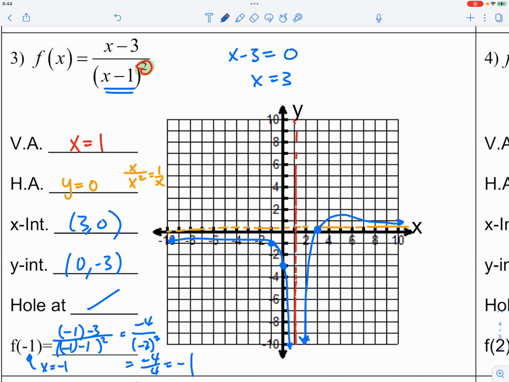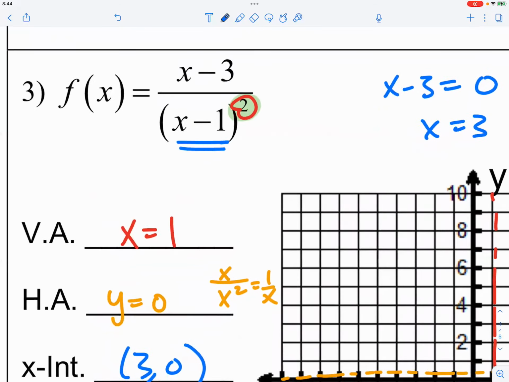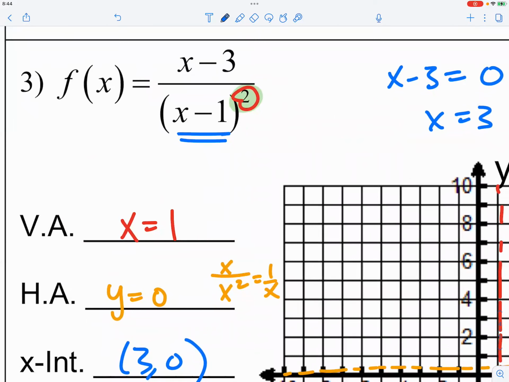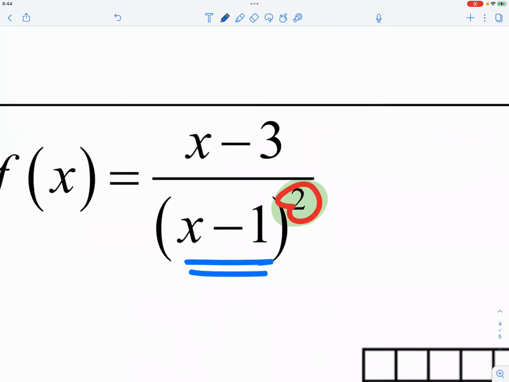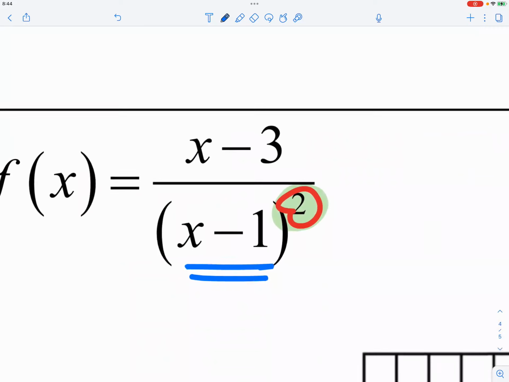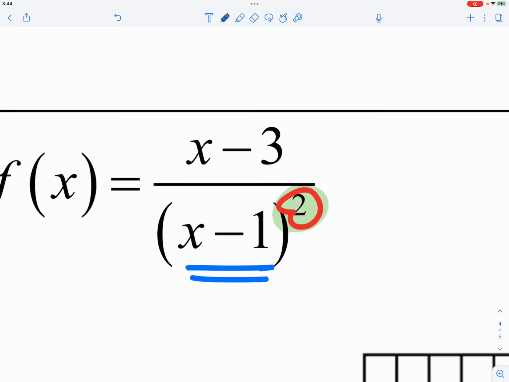And yes, what's the question about horizontal asymptote? Because x would be what? No. When we talk about horizontal asymptote, x becomes what? Infinity. So if you do infinity minus 3, what is the result of infinity minus 3? Still infinity. Okay. Can you process that?